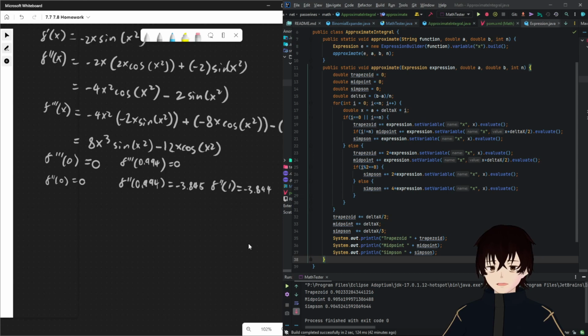Let me actually put it in and see. 8x to the power of 3 times sine x squared minus 12x cosine x squared equals, where's equals? So many buttons.